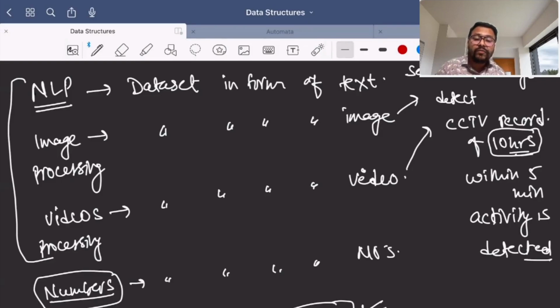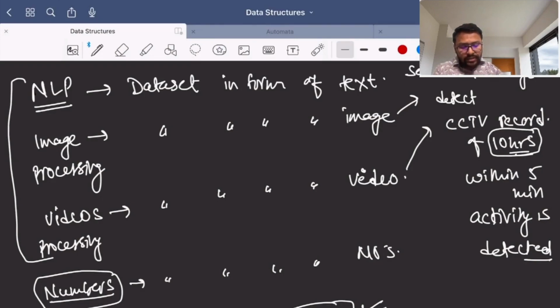But what if we want to watch the CCTV of multiple cameras of 10 hours each? Then the problem becomes more complex. So these types of things need our machine learning models, and before applying machine learning models we have to convert our data into numbers. For all such problem statements we need to learn the algorithms.